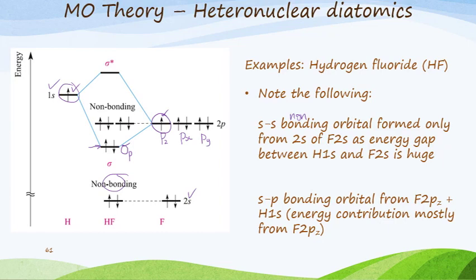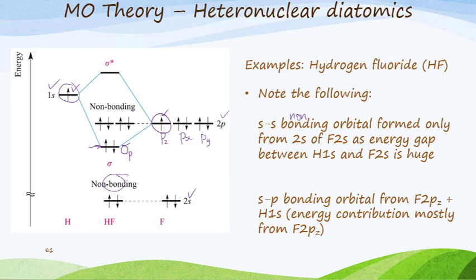Now the remaining electrons, there are 4 of them from the 2p orbitals of fluorine. They can't interact with any more electrons from hydrogen, because hydrogen only has 1 electron.